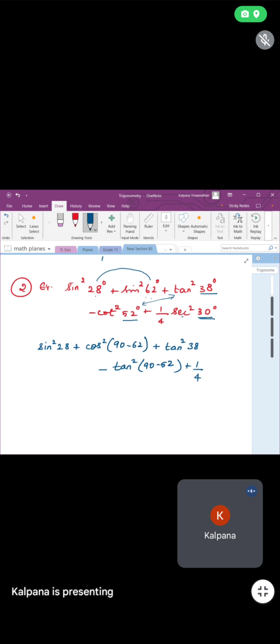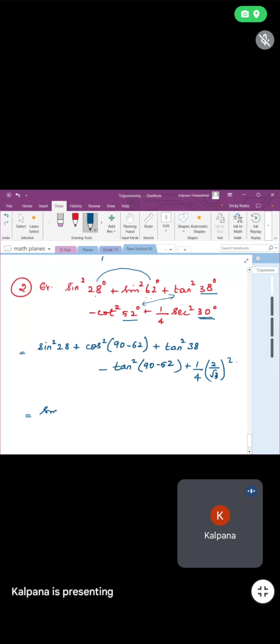If you know the value of secant square 30, do you know the values? 2 by root 3, the whole square. Please don't forget these values for 30, 60, 45, 0, 90. These are the values you have to remember. Now quickly evaluate.